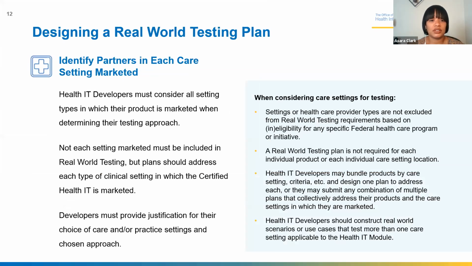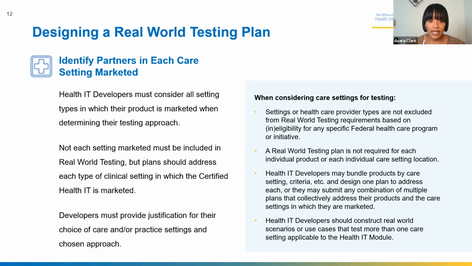Now, when you're designing your real world testing plan, you're also going to have to think about the care settings in which your certified health IT is marketed. I want to make specific note that you have to include all care setting types, not all care settings, okay? So you want to make sure that you cover all care setting types, but you might have one type of care setting in several locations in which your certified health IT is marketed.